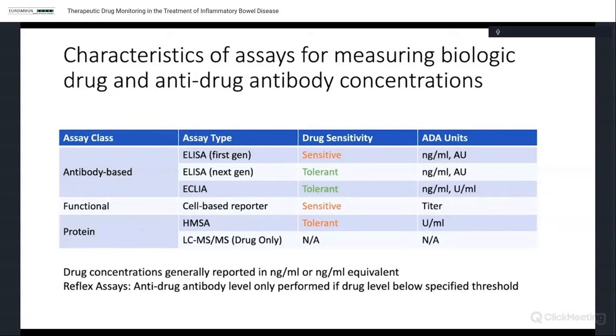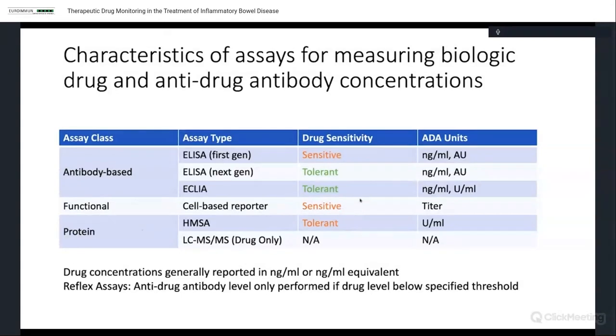And for this reason, because it really measures the function of the drug and anti-drug antibody, these are drug sensitive in general, and you cannot detect antibody in the setting of a drug level. And then the protein-based assays were designed to be drug tolerant, and for drug and anti-drug antibody levels, a common one is the homogeneous mobility shift assay, or HMSA. The LC-MS-MS is only used to measure drug levels.